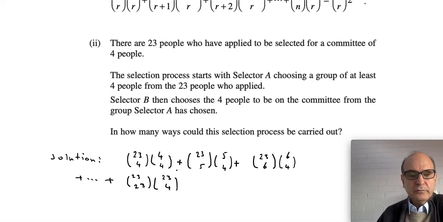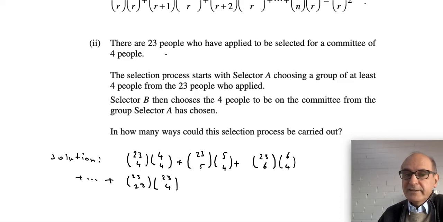One thing is important here: we are not worried about the people who've been chosen. It is a different type of question if they ask how many ways 4 people can be chosen. If you were answering that, obviously it would be 23 choose 4.